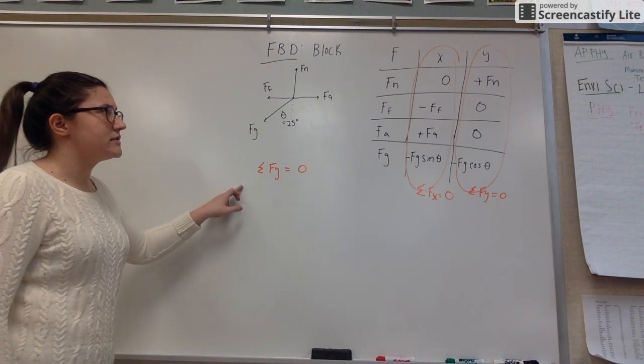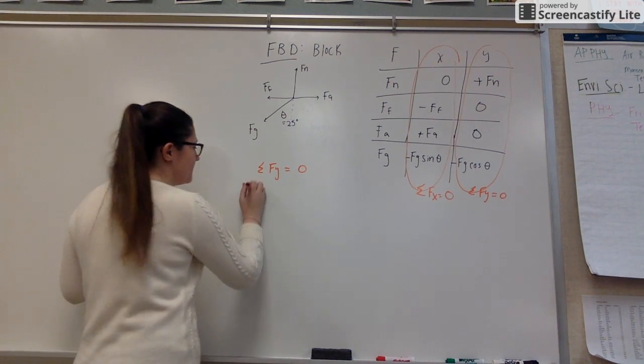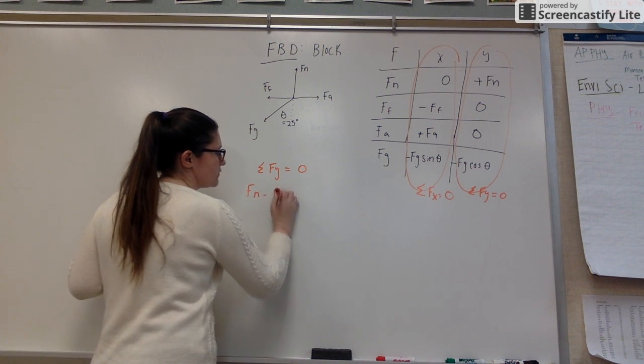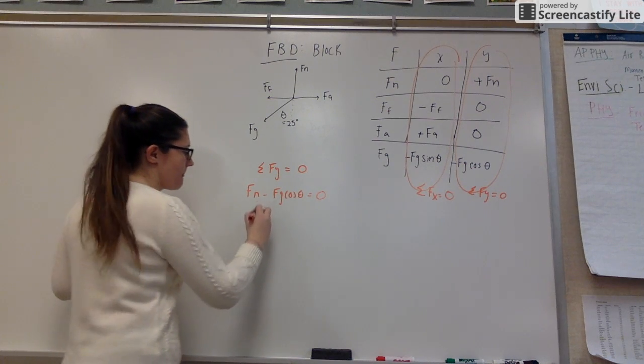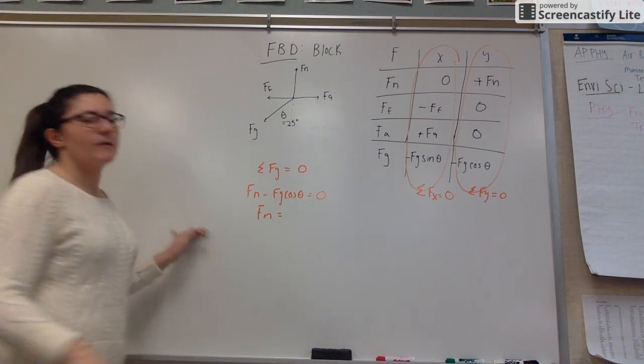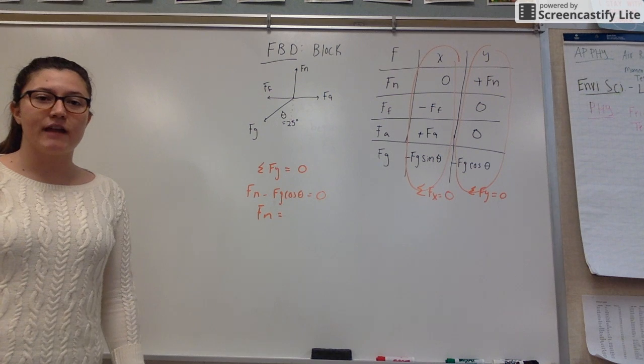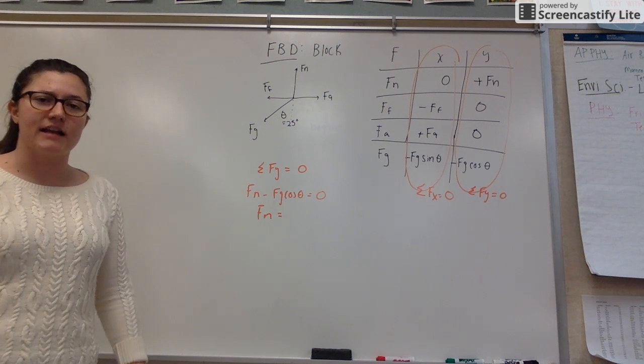Sum of forces in the y equals 0. So we're going to have F sub n minus the force of gravity cosine theta is equal to 0. F of n is going to equal, we're going to take Fg cosine theta and move it to the other side of the equal sign.